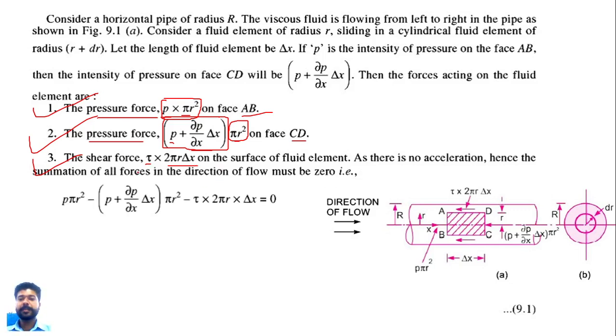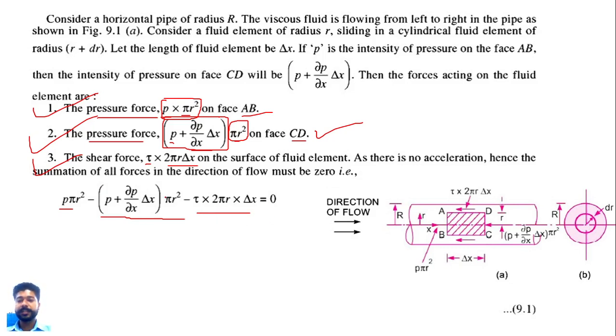So let's sum all the forces. The first force is P pi r square. The second force is applied opposite to the first force, which is why there is a negative sign, and this is applied on the CD side. The third force is again in the direction opposite to the fluid flow, so the negative of the third force, tau into 2 pi r into delta x, equals 0.